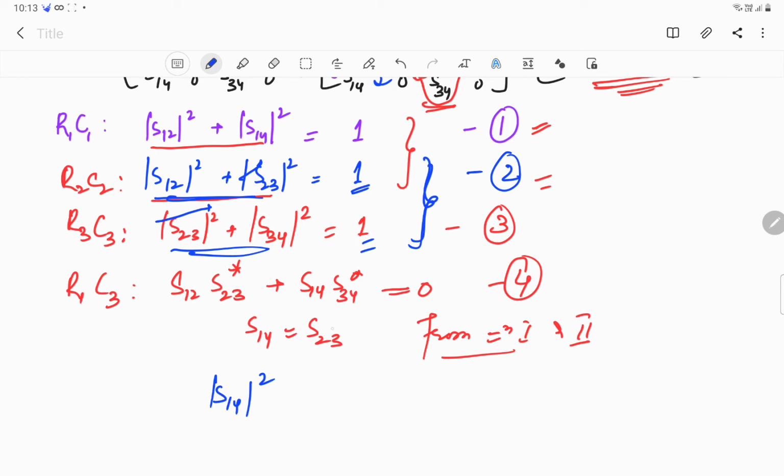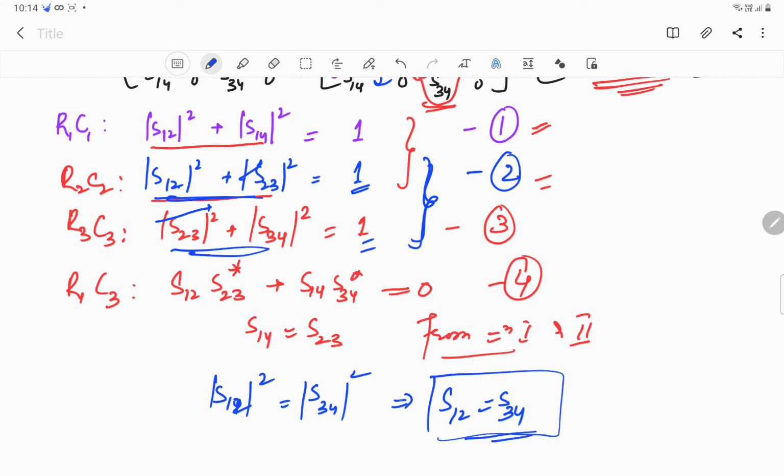From equations 2 and 3, I'm saying that s12 square must be equal to s34 square. So that implies s12 is same as s34. So s14 is same as s23 and s12 is same as s34.